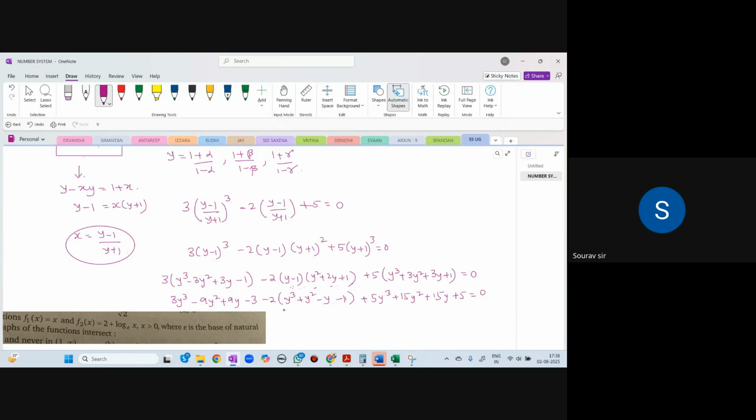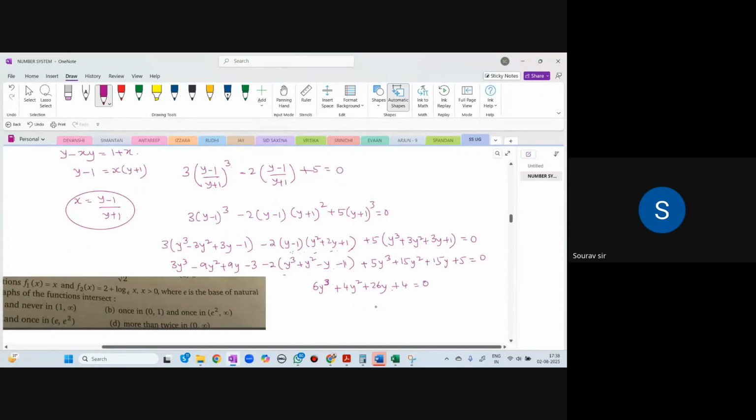So 3y cube minus 2y cube, which is y cube, plus 5y cube, that is 6y cube. Then minus 9y square minus 2y square, that's minus 11, plus 15, which is plus 4y square. Then 9y plus 2y is 11y, plus 15y, 26y, and then minus 3 plus 2, that's minus 1, plus 5 is plus 4, equal to 0. So this is your Fy, right?